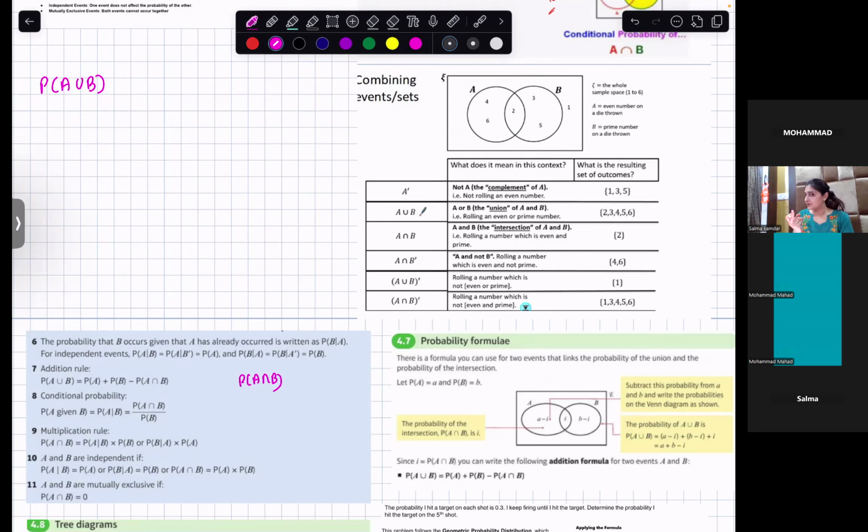Is that independent or mutually exclusive? That's mutually exclusive, sorry. Probability of A or B, if the events are mutually exclusive, A or B, which is A union B.